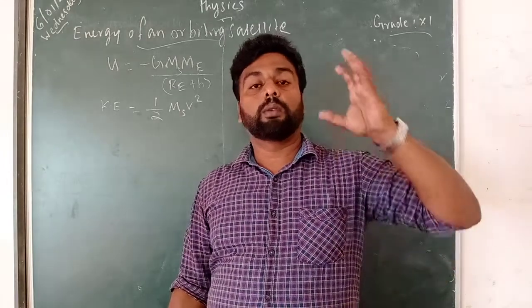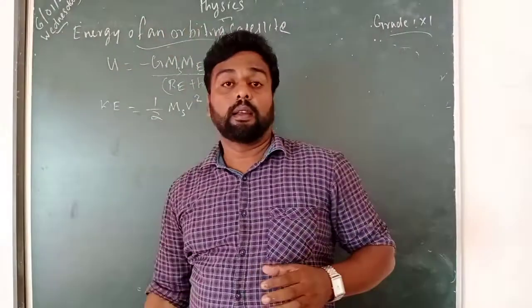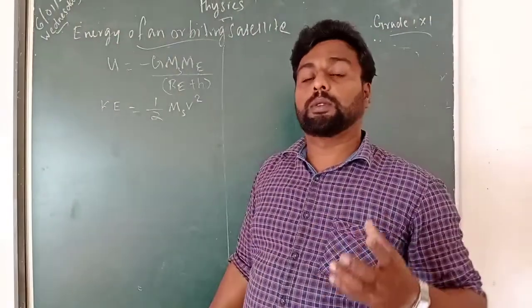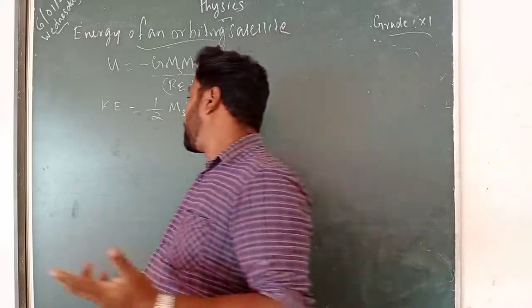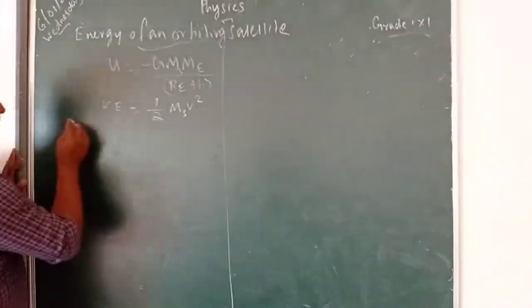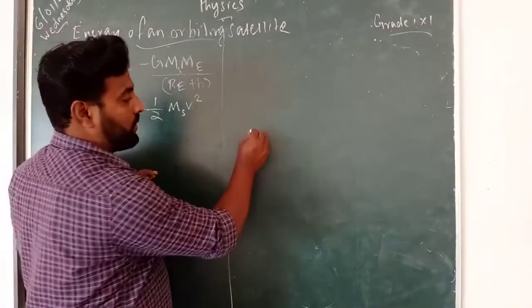Now we have to find out the total energy used to orbit the satellite. It is one of the important 3-mark questions. Very simple derivation. To find out this total energy, before that we need this v value.